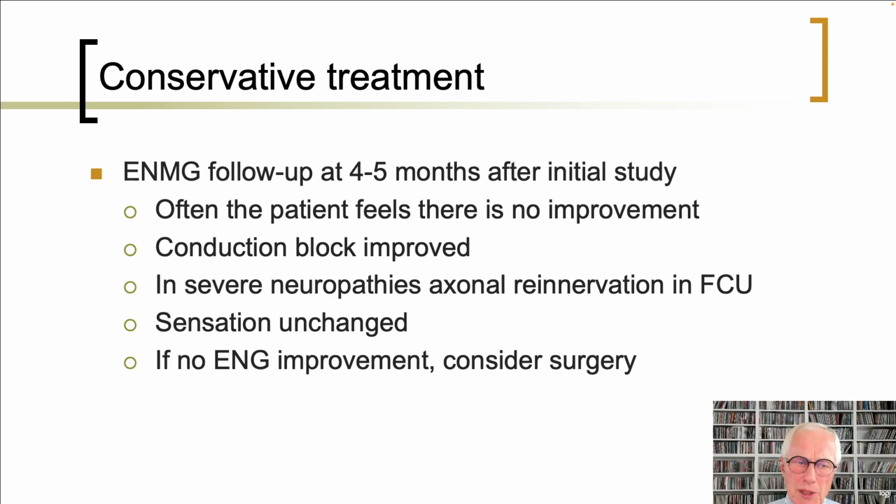Very often the patient will tell you that the sensation is unchanged. So the patient is not that reliable when it comes to the follow-up, so you really need the EMG here. And if there is no recovery in EMG, then we have to consider surgery.